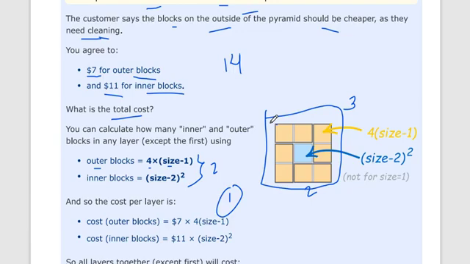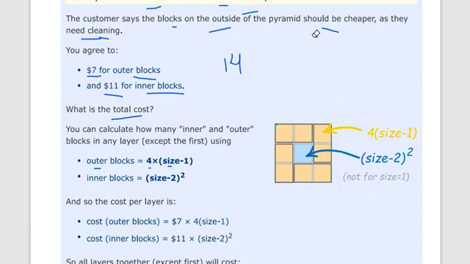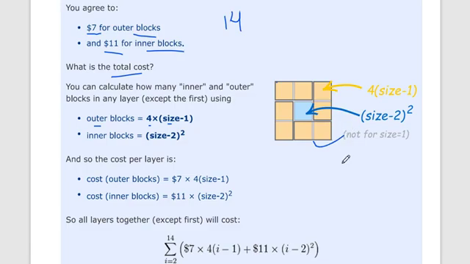So to calculate the outer blocks in the second layer, the size is 2: 4 into 2 minus 1 gives 4. This is the equation for calculating outer blocks and inner blocks.